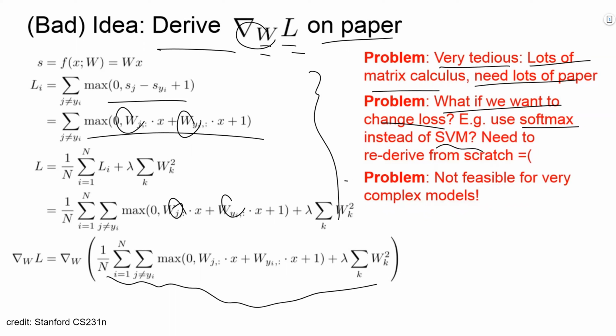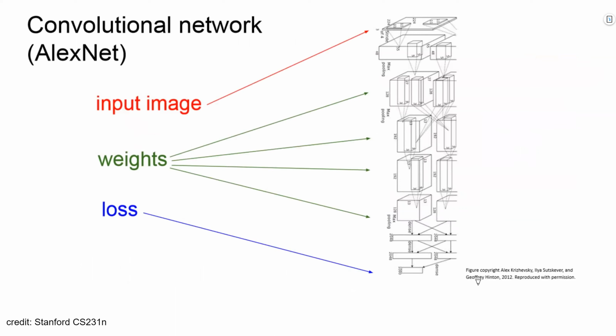And the third problem is that this process is not feasible because nowadays we have very complex models, and calculating these gradients for our model is infeasible. For example, the very first deep learning network that came out in 2012, AlexNet, has this architecture.